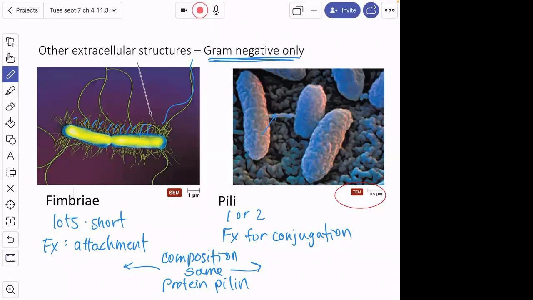And I noticed that your book has, I keep checking to see if they've corrected this in the e-text, but this is definitely not a transmission electron micrograph on the right here. That's definitely showing the outside of the cells. Okay, if it was transmission, it would be a cross section. So that's an error there.